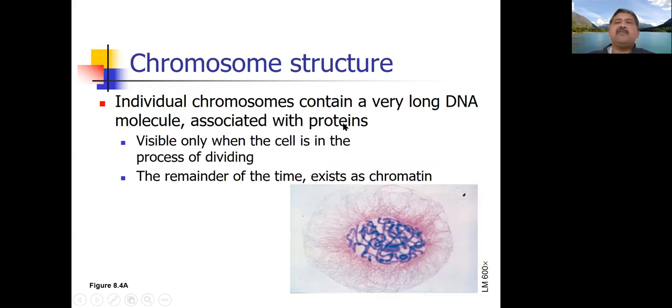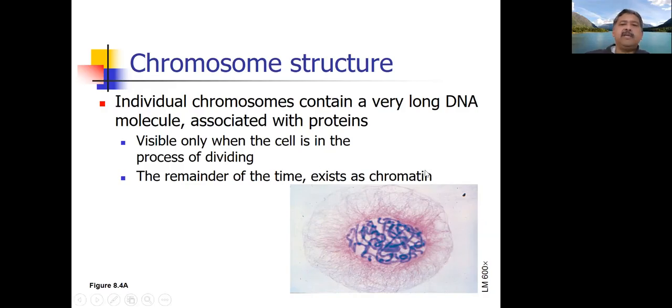We're going to see in the next few slides that the DNA is wrapped around these proteins. But it's not really thick. It's not what we call condensed. And so we don't see the individual chromosome at this point, but the nucleus looks fairly uniform.